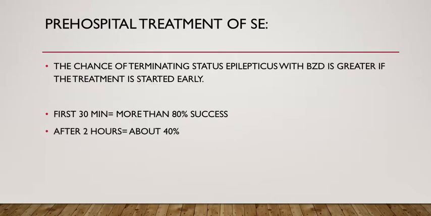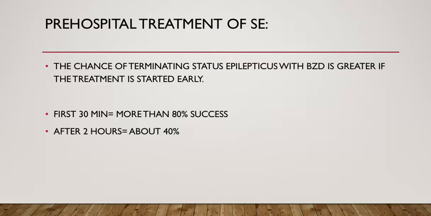Okay, what about the pre-hospital treatment of status epilepticus? It is important to keep in mind that the sooner we start the treatment, the greater the chance that we have of terminating status epilepticus. The treatment of choice, we know, is benzodiazepine, but we are going to see more about this in a few slides.